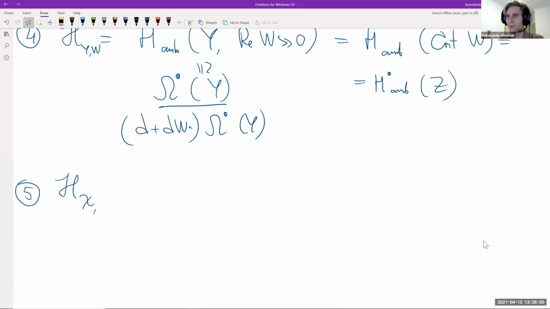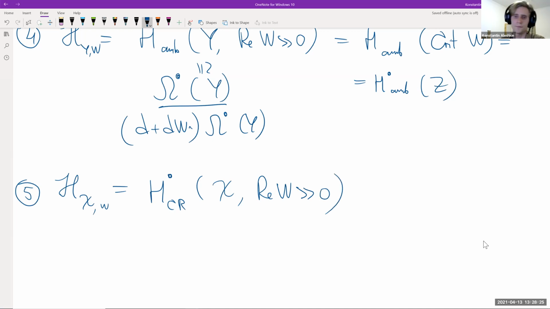So what about the state space for the FJRW theory? This is just the orbifold cohomology, or Chen-Ruan cohomology, of X relative to real part of W much greater than 0. And X, I remind you, is just C5 modulo mu5. What is orbifold cohomology?